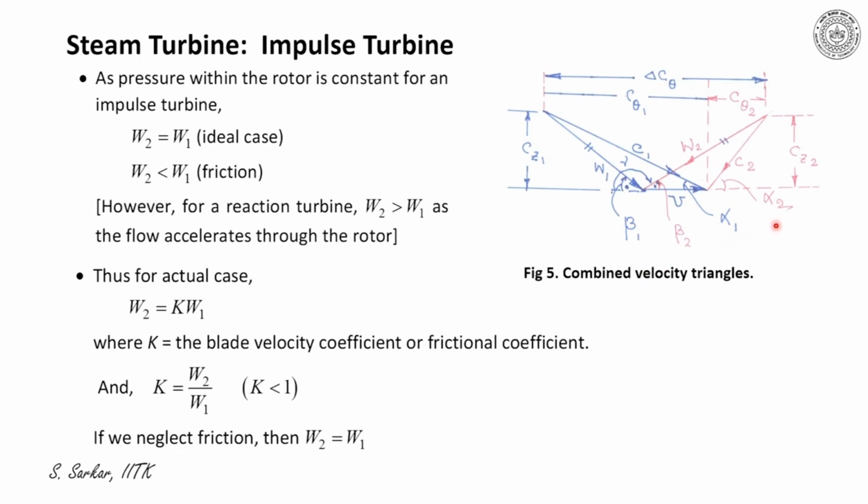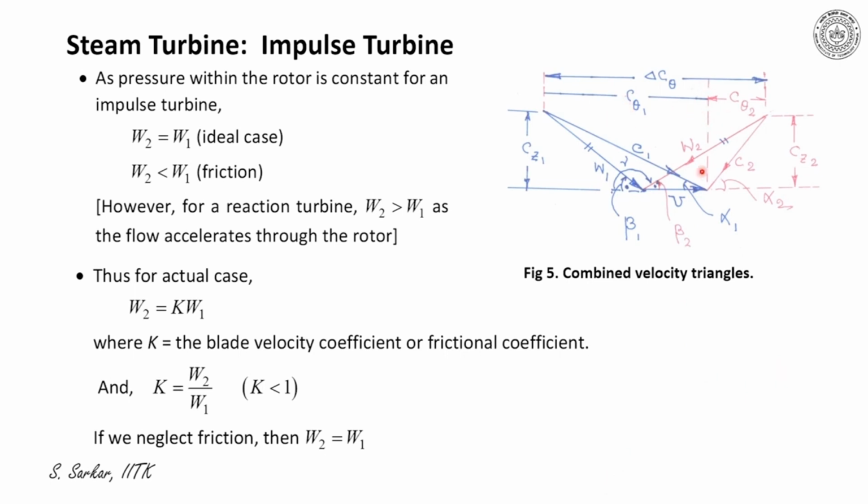Note that the projection of C1 is indicated by C theta 1, swirling component of C1. Similarly, swirling component of C2, that is projection of C2 on the tangential direction, is represented by C theta 2.